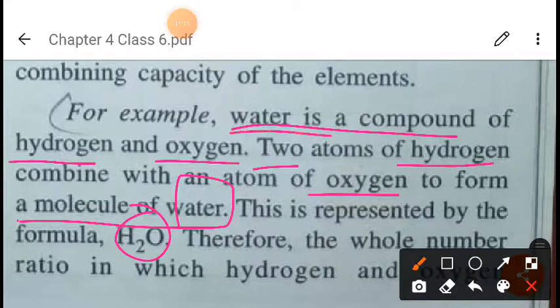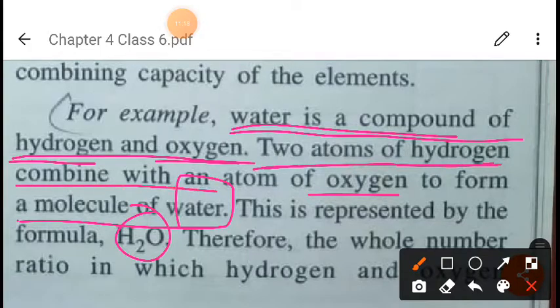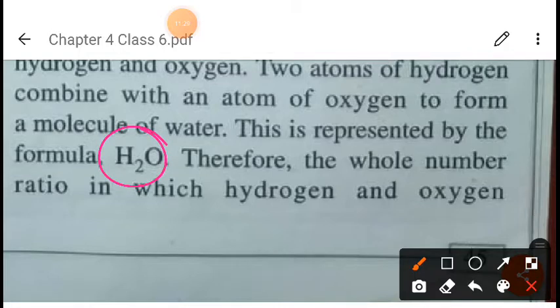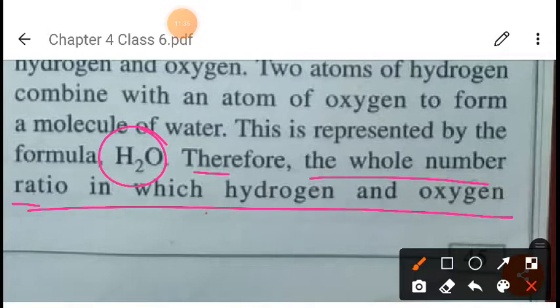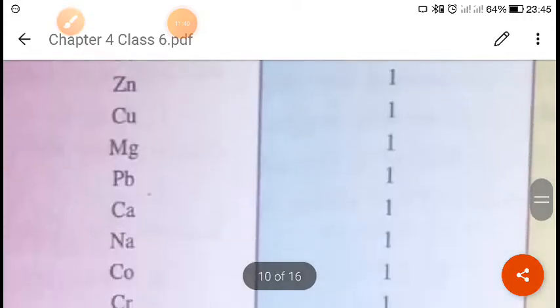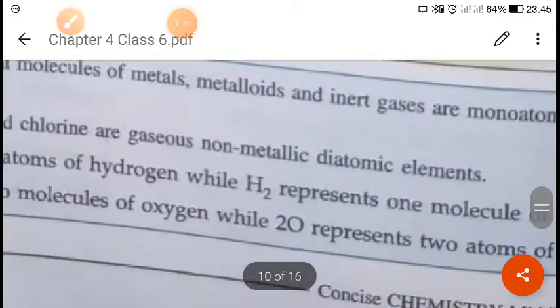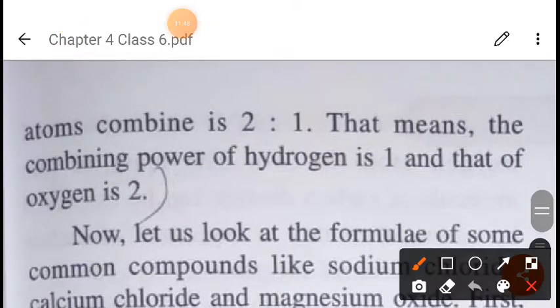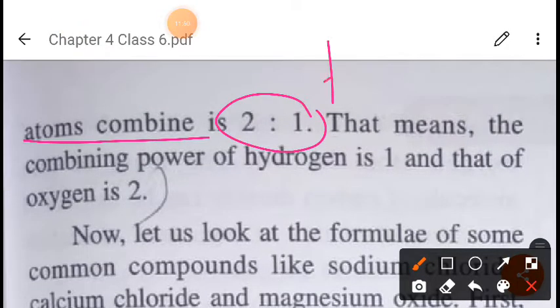As you can see, water is a compound of hydrogen and oxygen, right? And two atoms of hydrogen combine with an atom of oxygen to form what? A molecule of water, okay? I hope you have understood this, right? Now this is represented by H2O. Therefore what we can say, the whole number ratio in which hydrogen and oxygen atoms combine is what? 2:1 ratio, right?